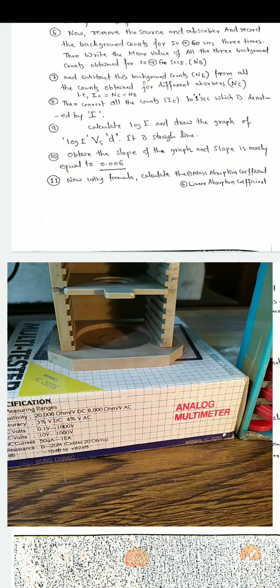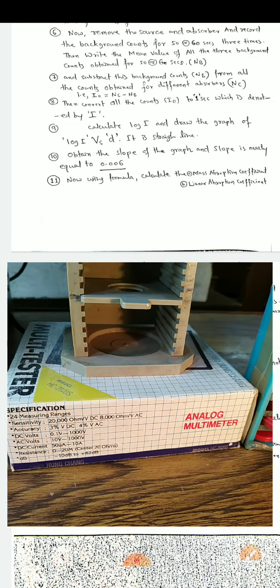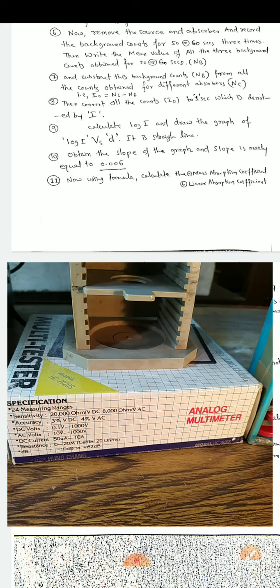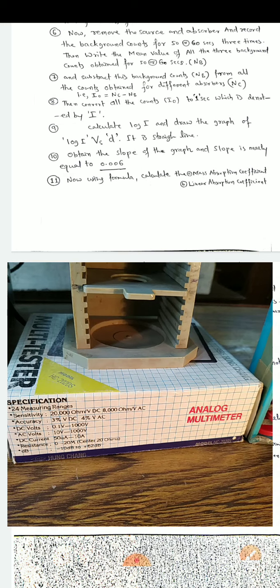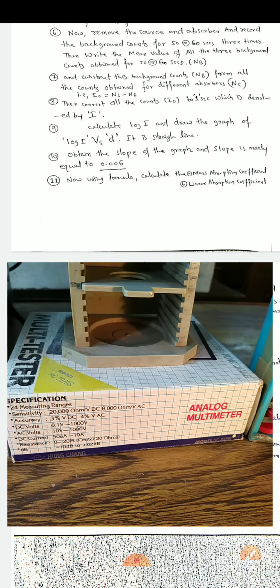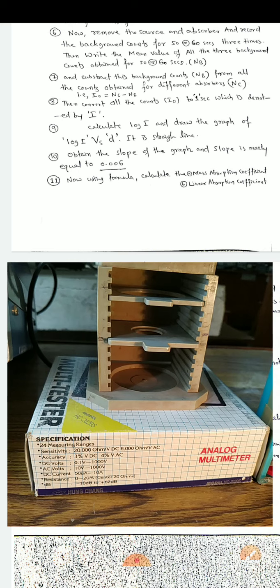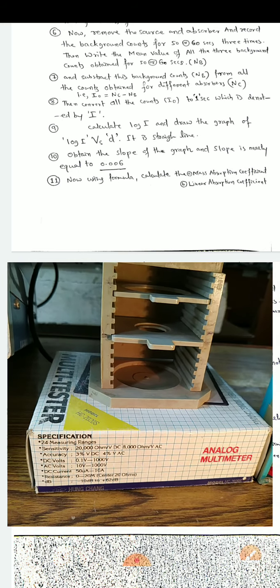Background counts are the counts generally shown in the counting system without a radioactive or gamma source. These counts are because of background radiations like cosmic rays. In this experiment, the purpose of taking the background counts is that the counting system, which records the counts due to the radioactive source, also includes background counts.